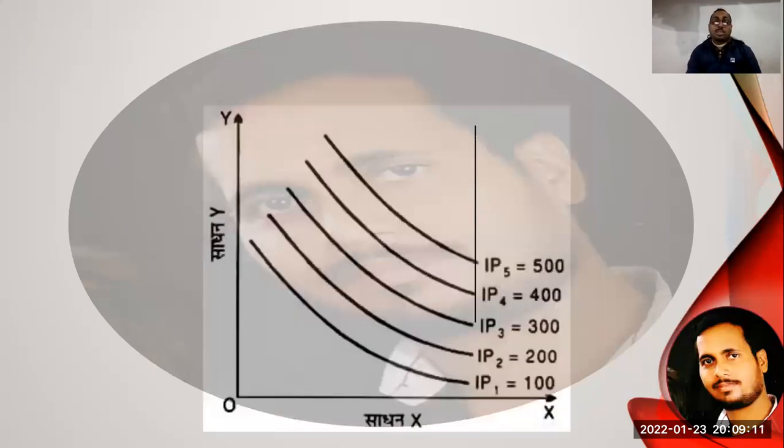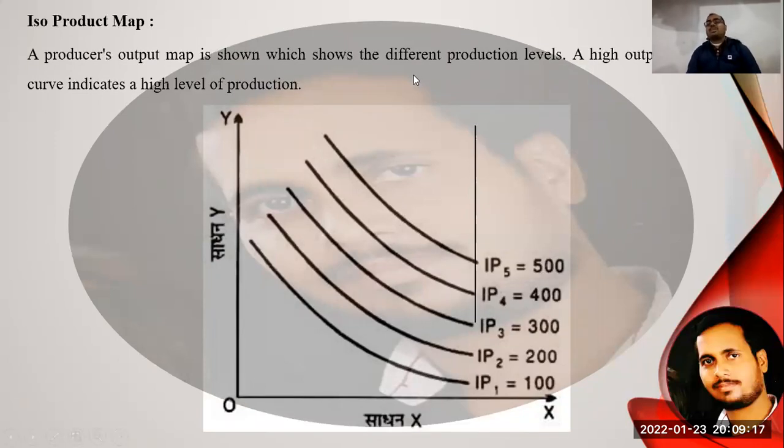Now see the iso-product map. All of you know that a map refers to a set of many curves. In the same diagram, we are seeing IP1, IP2, IP3, IP4, IP5. IP1 shows 100 production, IP2 shows 200, IP3 shows 300, IP4 shows 400, and IP5 shows 500 production.